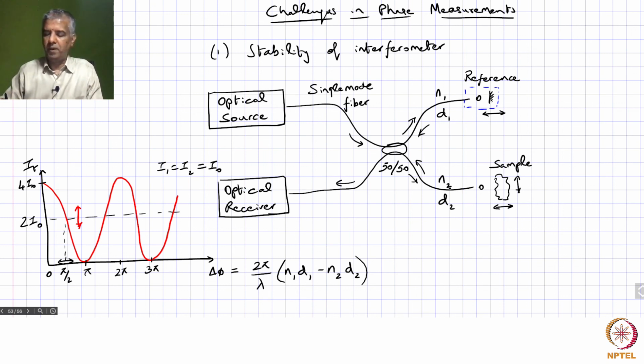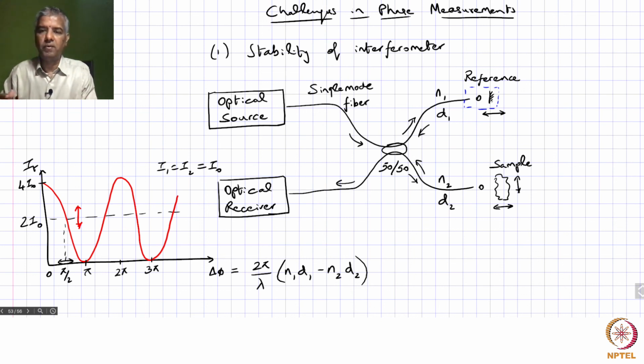So the sample arm is extended to 10 kilometers. Now we are looking at an OTDR type of setup, with a sample arm 10 kilometers away, and some perturbation there we need to pick up. So you need to support path length differences of 10 kilometers.